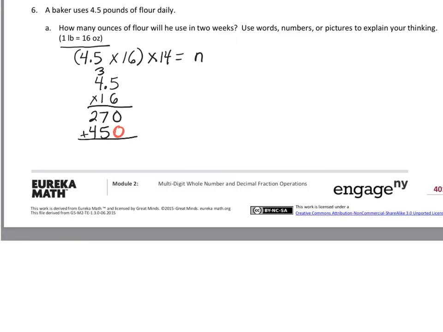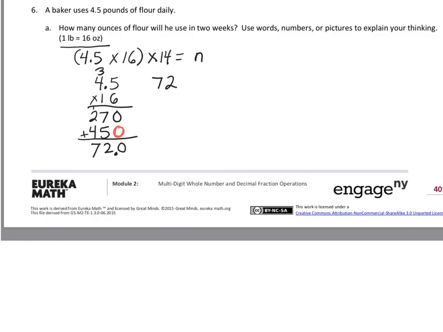We have 0 plus 0 is 0. 7 plus 5 is 12, and we'll carry 1. 1 plus 2 is 3, plus 4 is 7. Now, since we have one number to the right of the decimal in one of our factors, we need to make sure that we do the same in our answer. So we'll go ahead and put a decimal there. And now we're going to take 72 ounces, and we're going to multiply that by 14.